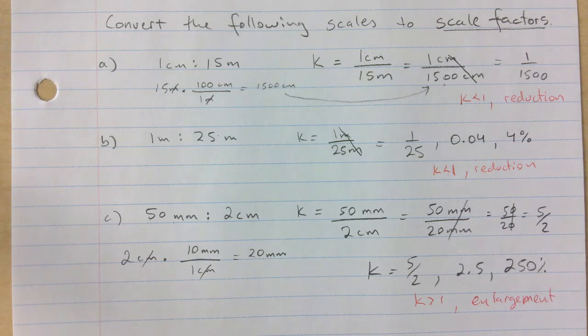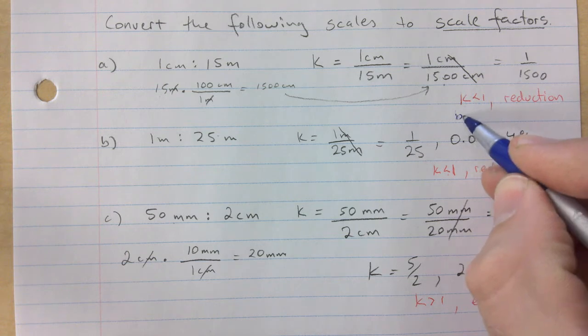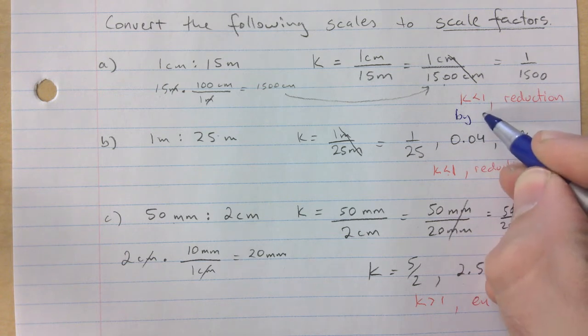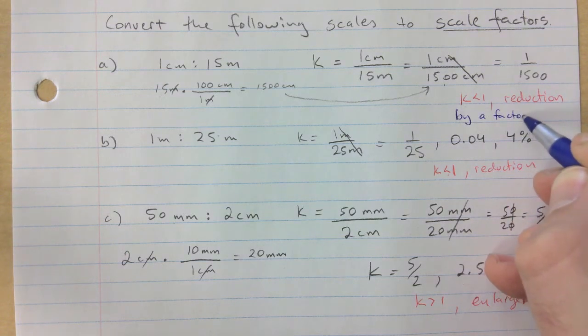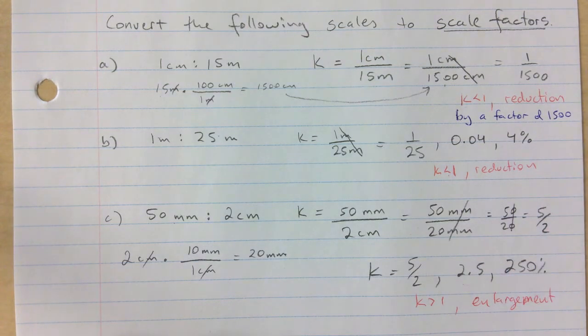And then this is where it gets a little trickier. I'm going to use even a different color. Okay. It's a reduction by a factor of 1500. Okay. So forget about the 1.